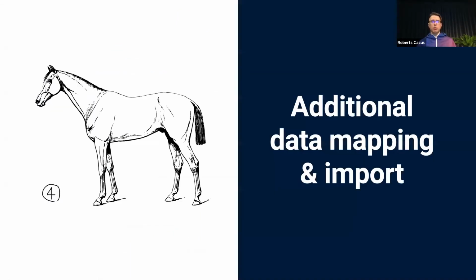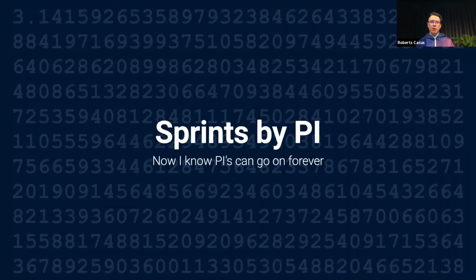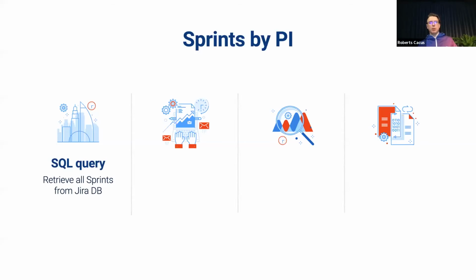The last example requires some more tinkering and getting your hands dirty. We will have a look at grouping sprints by program increments. It will include retrieving all sprint data from the Jira database. Yes, still showing some love to the server and data center.